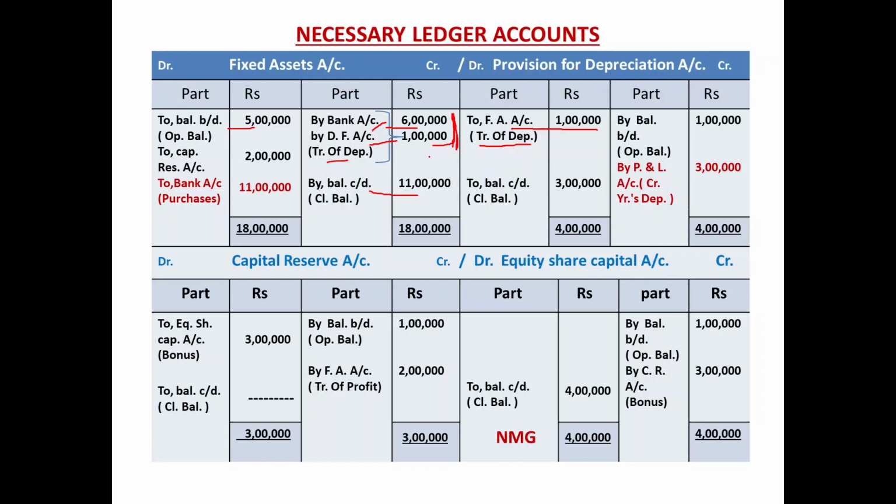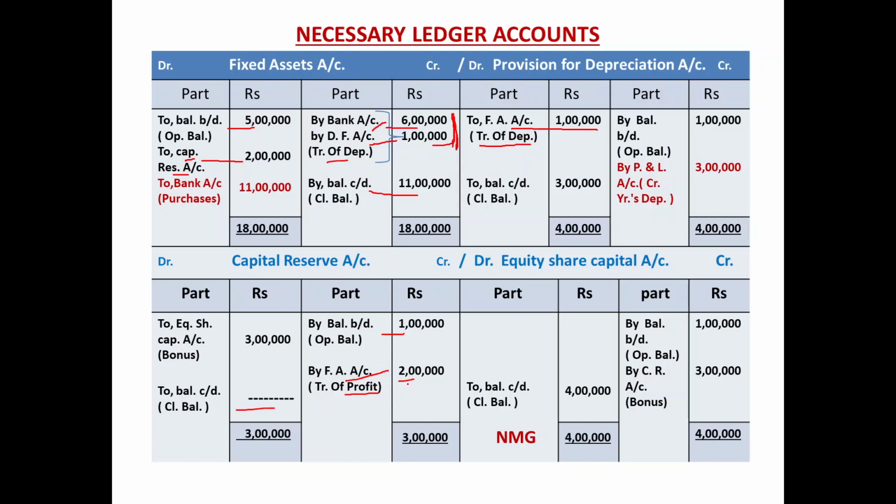Second journal entry, for transfer of profit. Fixed assets account debited to capital reserve account credited. Over here, capital reserve account, opening balance 1 lakh, no closing balance. Now posting of this entry, capital reserve account credited, opposite narration, fixed assets account, transfer of profit 2 lakhs. So we gave the posting.